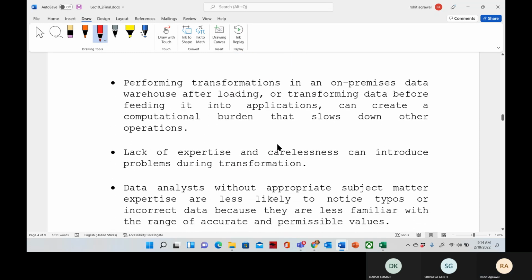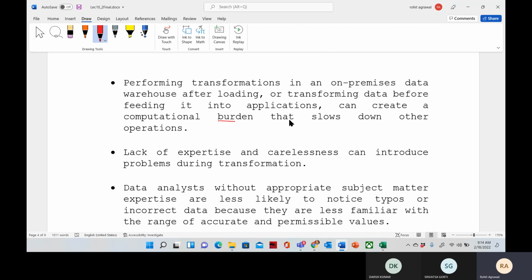Again, if the data is too large, performing transformation in an on-premise data warehouse after loading, or transforming before feeding into the application, can create a computational burden. Clear? So after loading and before feeding, there is a transformation.